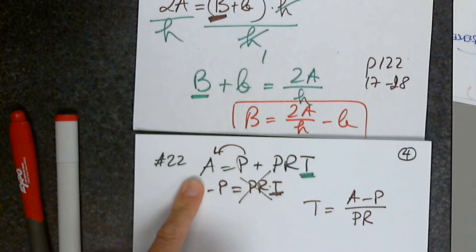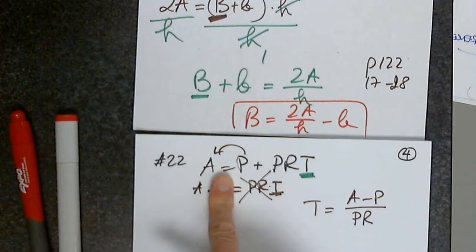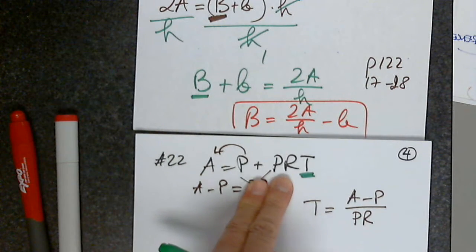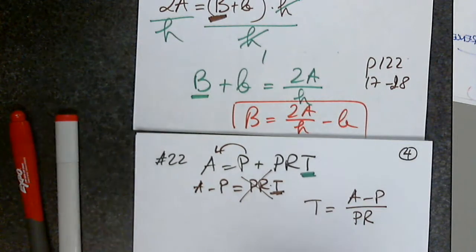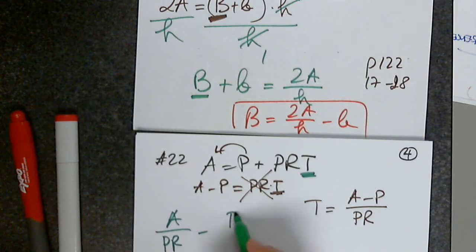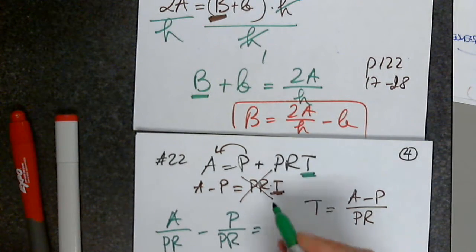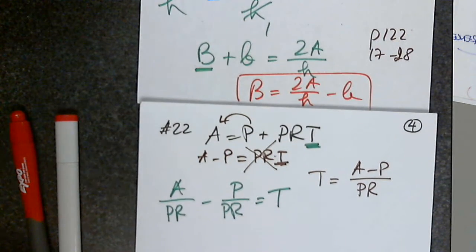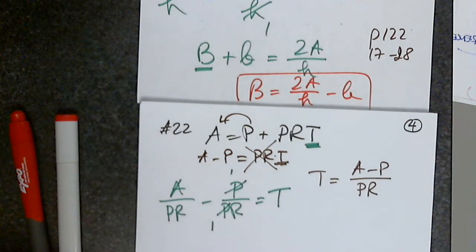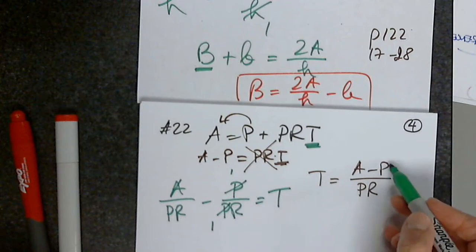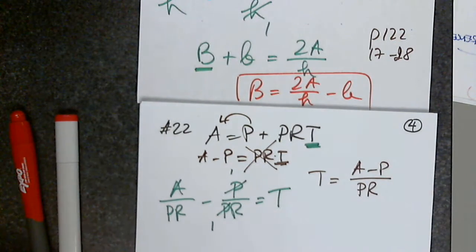This is the first term, this is the second term, and this is the third term. Divide by PR, completely separate, each and every one of them by PR. So this is one option. A divided by PR minus P divided by PR equals PRT divided by PR, which will give us T. In this scenario, if you simplify by P, that will be a terrible mistake.